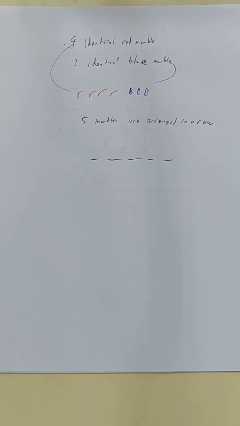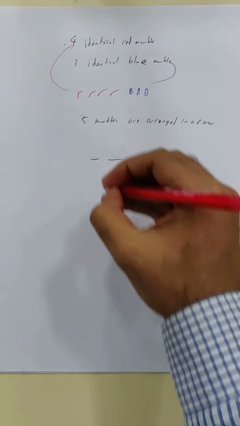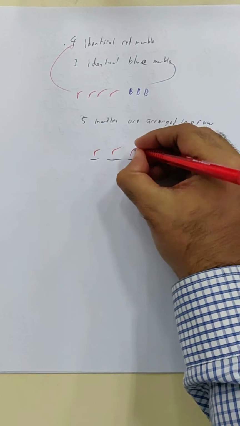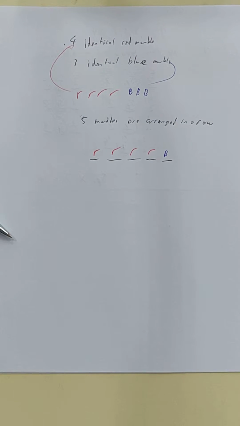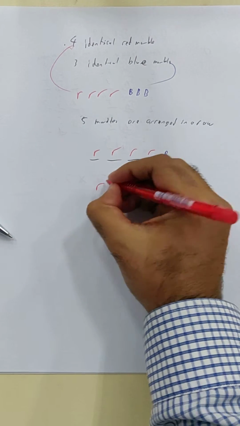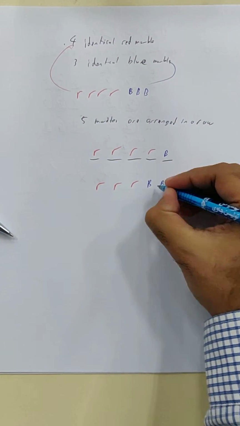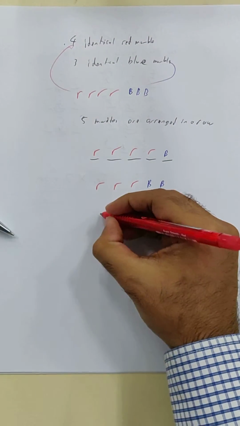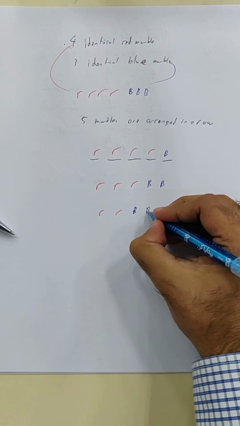Okay, so if I'm going to choose 5 from here, how is my arrangement going to be? I'm going to have myself red, red, red, red, and then 1 blue. Is that my only possible arrangement? What else? Red, red, red, blue, blue. Is that my only possible arrangement? Red, red, blue, blue, blue.